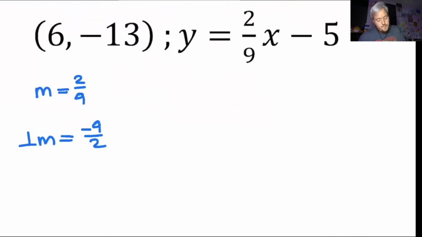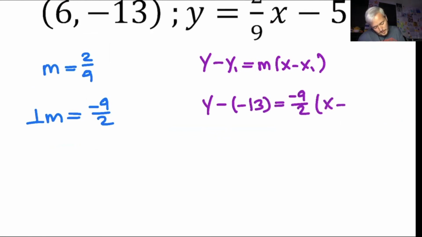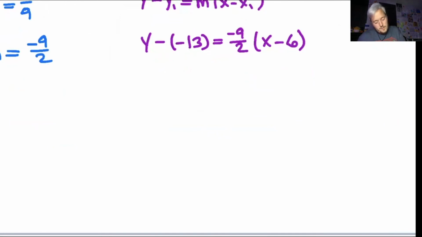All right, so now, once again, start in point slope form. So y minus y1 equals m times x minus x1. So y minus negative 13 equals negative 9/2 times x minus 6. All right, so now I'm going to keep simplifying.